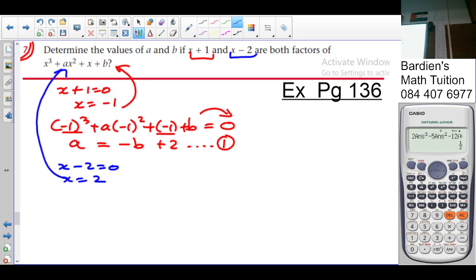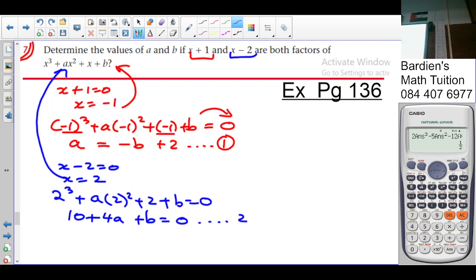So it's going to be 2 cubed plus a times 2 squared plus 2 plus b is equal to 0. So this would simply give us 4a. That's going to give us 8 plus 2 is 10, not so? Plus b is equal to 0. And this is equation 2.